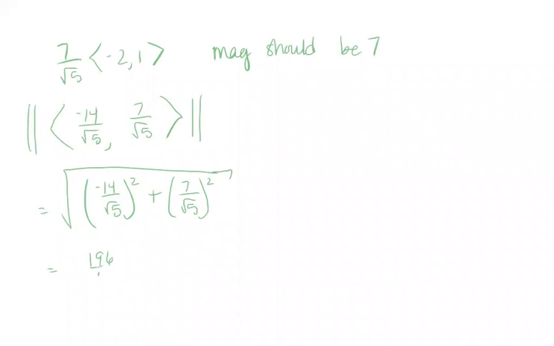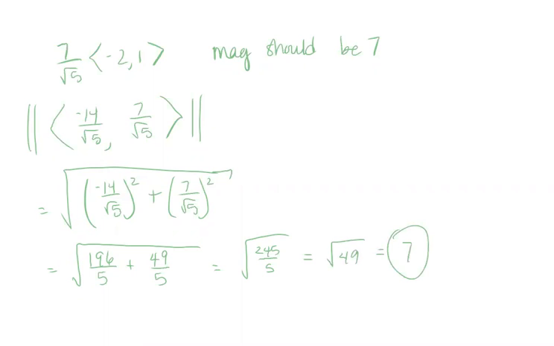Root 5 squared is 5. 7 squared is 49. Root 5 squared is 5. 49 and 196 is 245. 245 divided by 5, I hope, is 49. It is. And that's 7, which is the magnitude of that vector, so we did do it correctly.